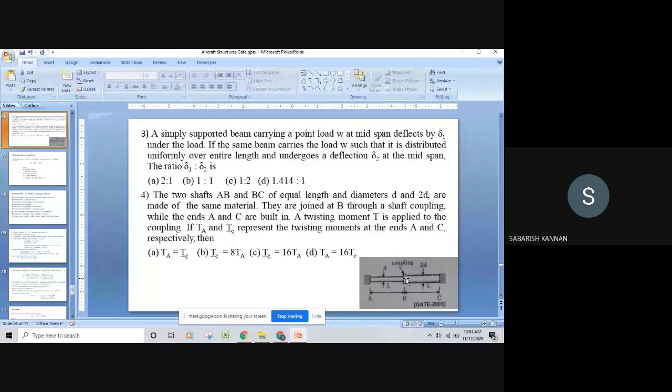From there we find out the T value. So, we have a theta formula, theta equal to TL divided by GJ. Put here.